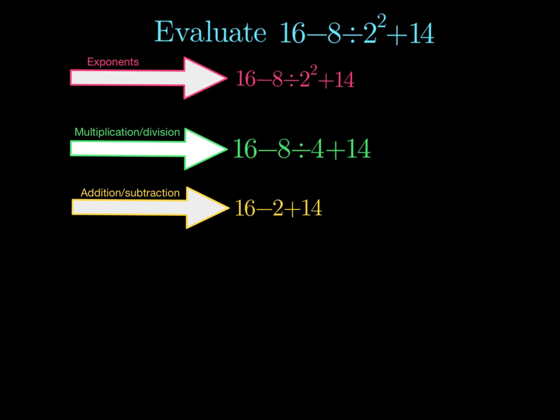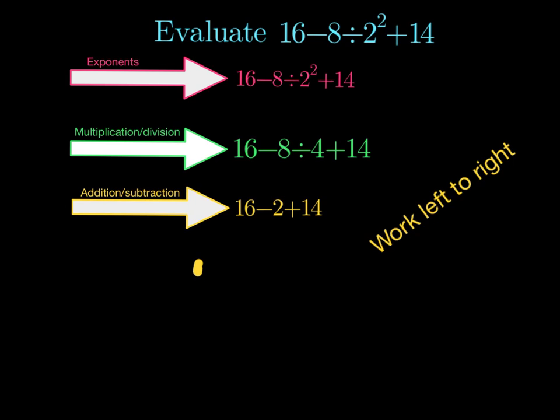So what do I do first? Well, don't forget you have to work from left to right when you're on addition and subtraction and multiplication and division. So starting from left to right, 16 minus 2 is 14.